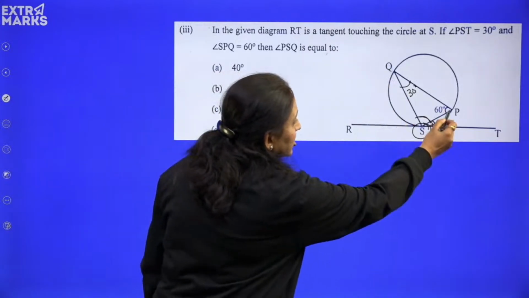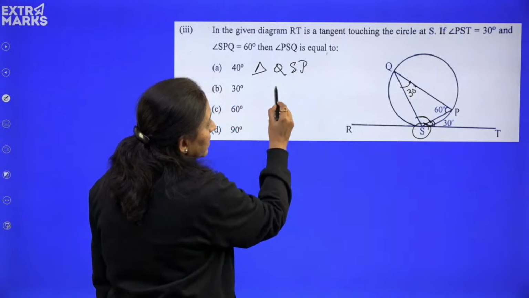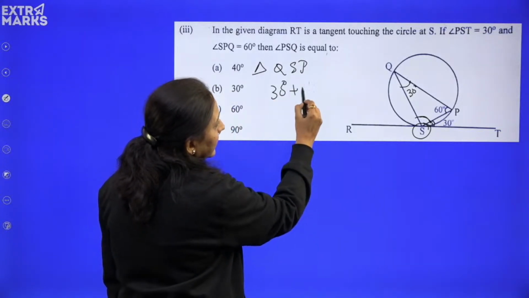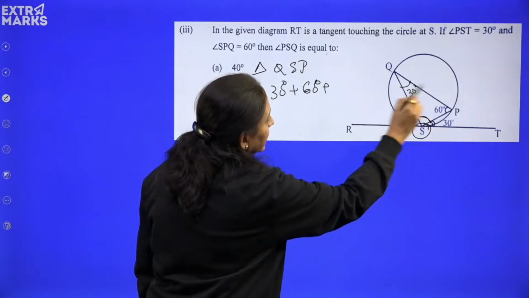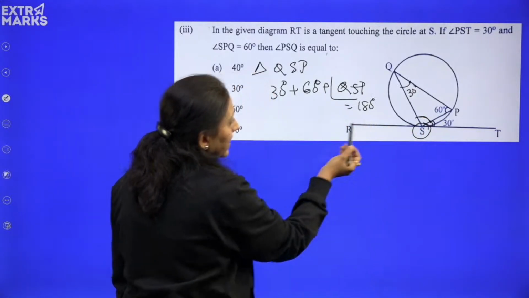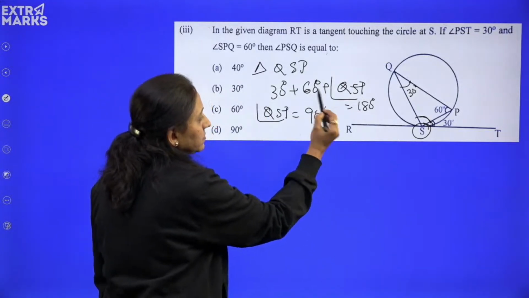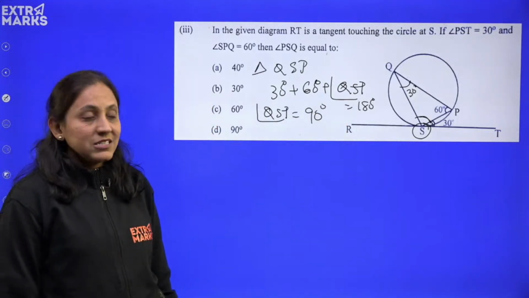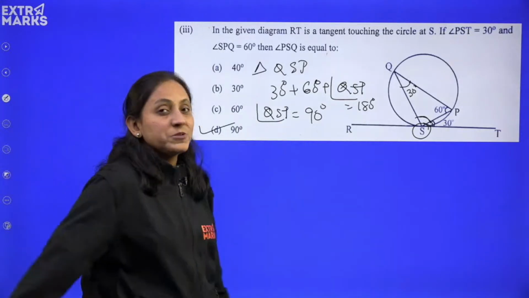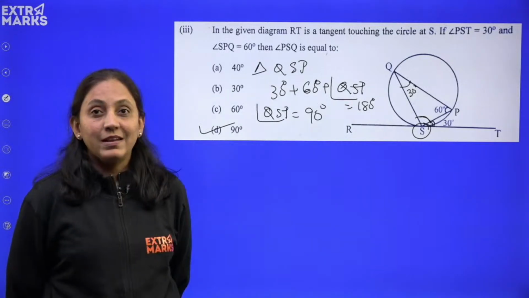So in triangle QSP, the three angles 30 degrees and 60 degrees and angle QSP, all of them should add up to 180 degrees, and if you simplify, you will get QSP as 90 degrees. Okay, so the correct option here is option D, with QSP being 90 degrees.